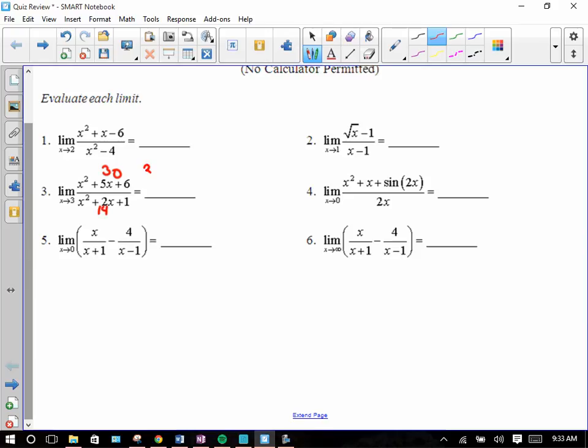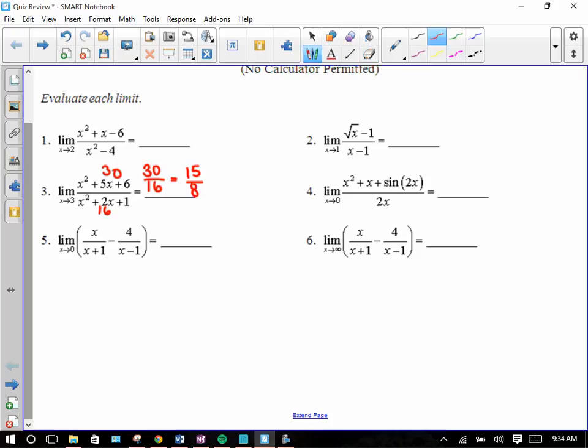So we have 30 over 14, which is the same as 15 over 7, which, I think I added that wrong. 9 plus 6 is going to be 15 plus 1 is 16. So actually 15 over 8.